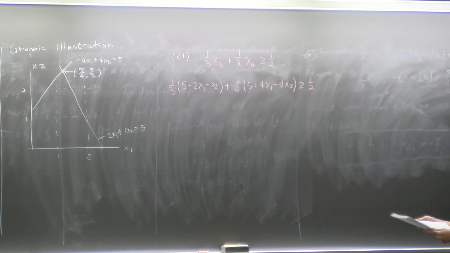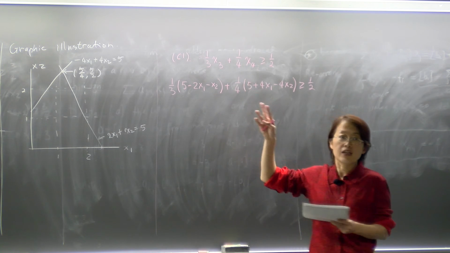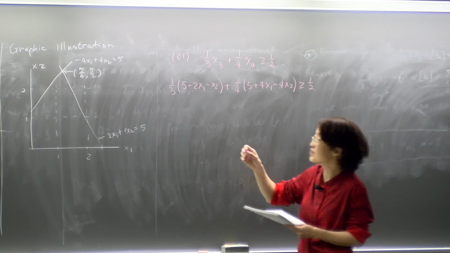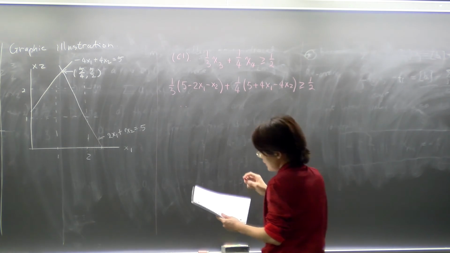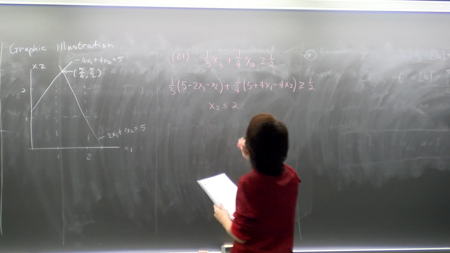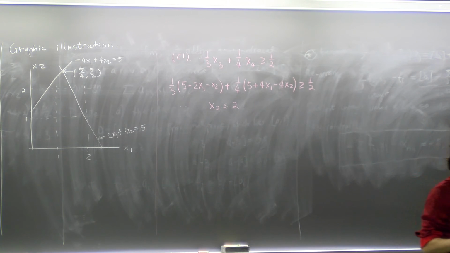Okay. Can I skip the step of collecting like terms and simplify it? You can do that. With one step of work, you will find out this simply gives you x2 less than 2.